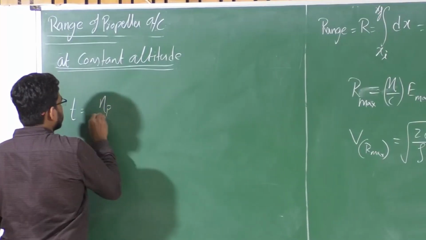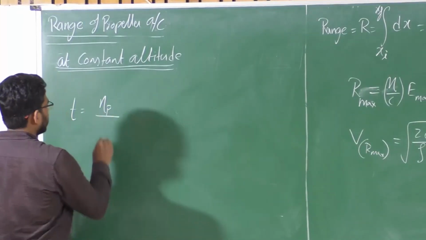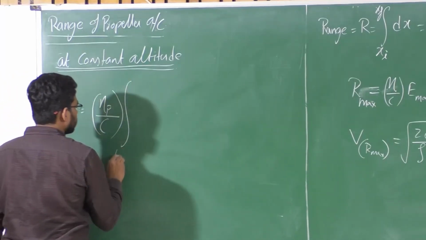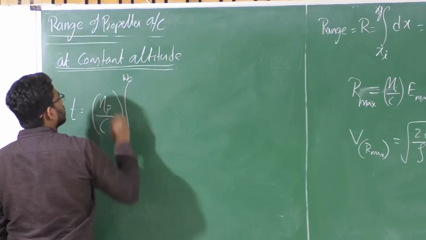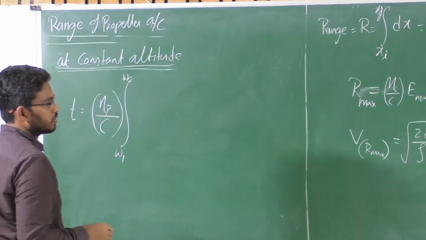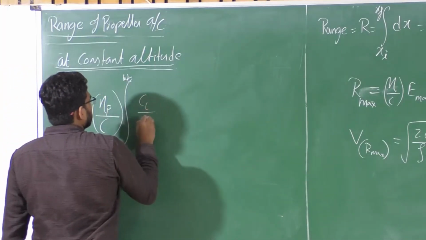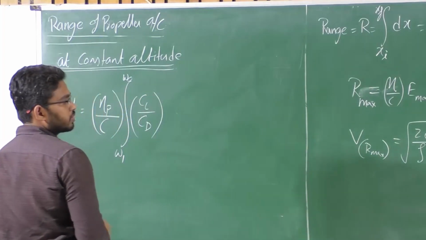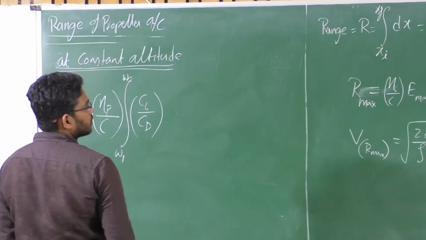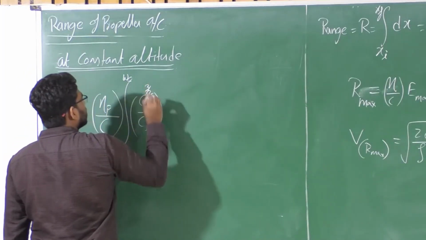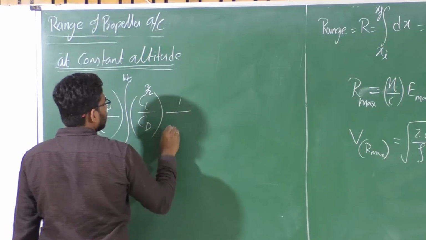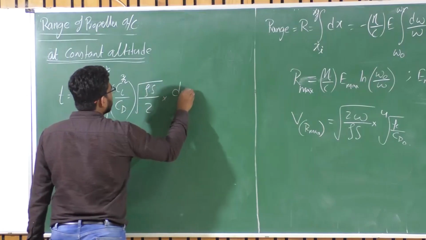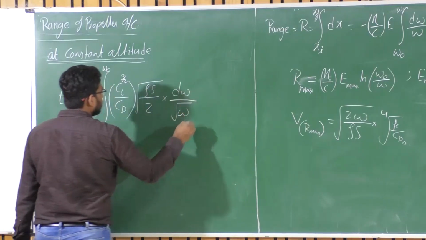so we assume the propeller efficiency is not changing with velocity of flight, right, upon specific fuel consumption. So this is W1 to W naught, changing the limits of integration by taking minus into, and then what I have is CL upon CD and changing, so which is W is 2W root over rho S, which is CL power 3 by 2 times 1 over root over rho S upon 2 multiplied by dW by root W. Okay.